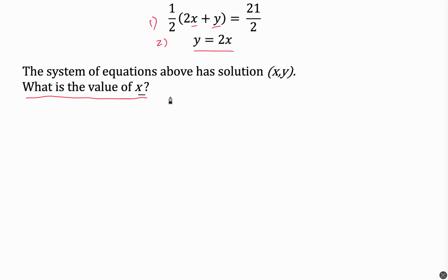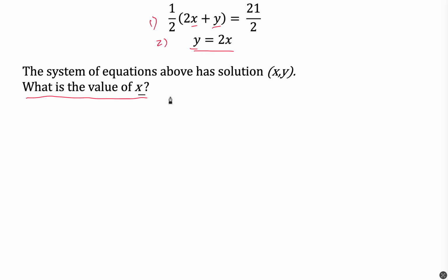So how are we going to get rid of the y? We need to substitute the y. In equation 2, we know that y equals 2x. So now, instead of using y in equation 1, we're using 2x.